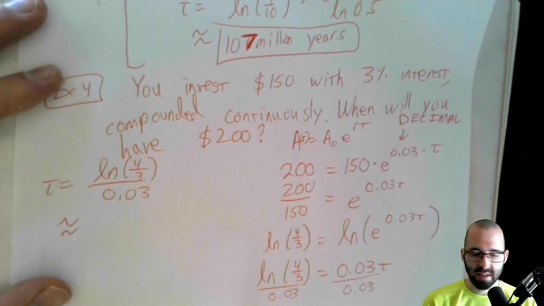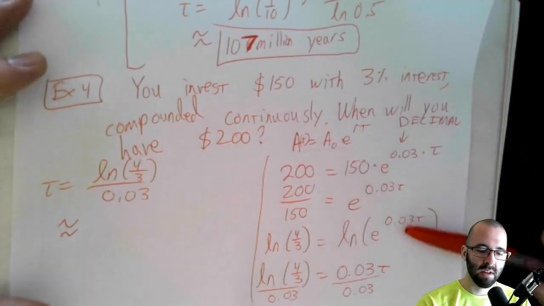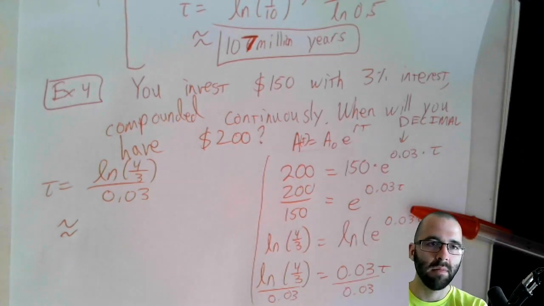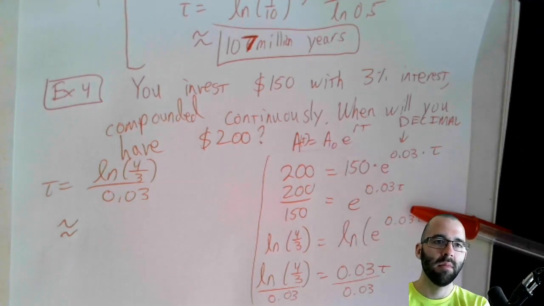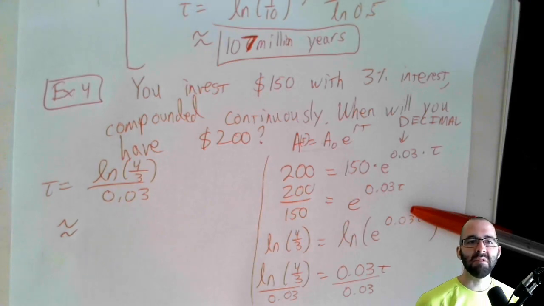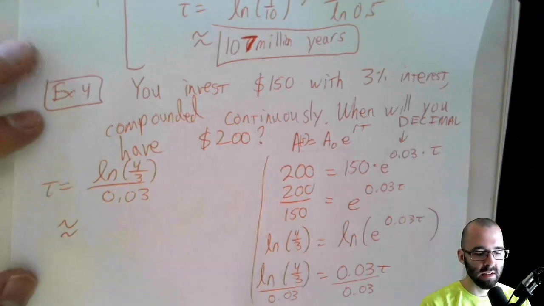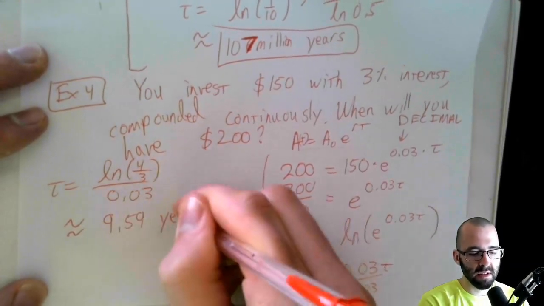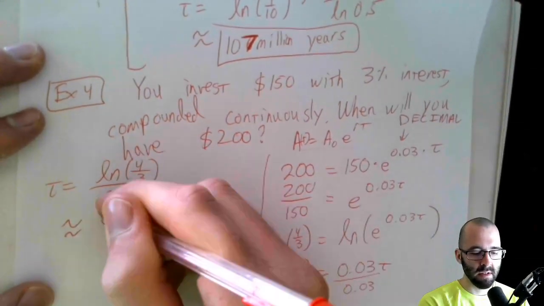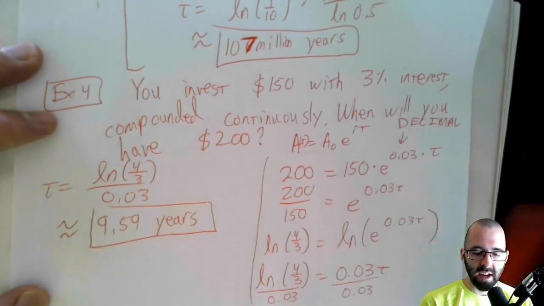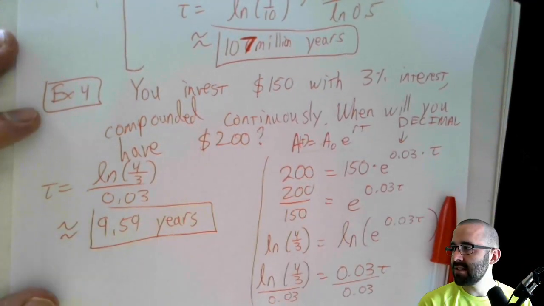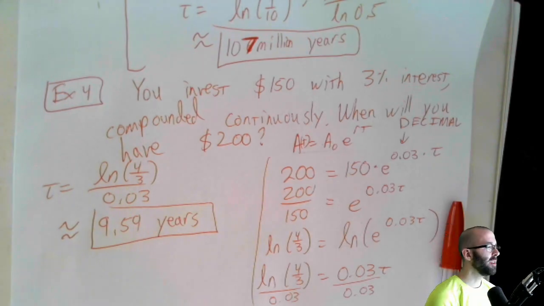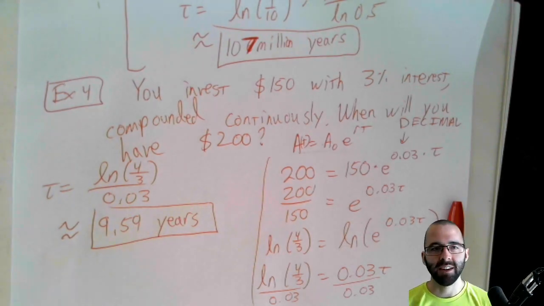which is approximately 9.589, or about 9.59 years. And that's a decent answer. But really, we don't talk about decimals of a year, right?